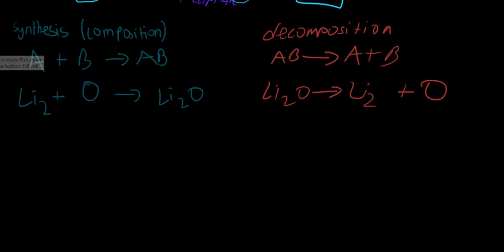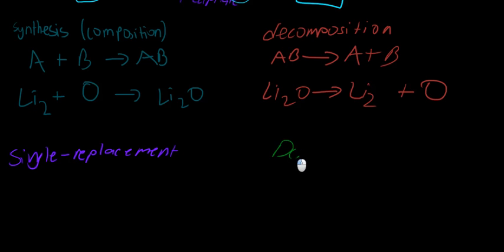The next type of reaction is called a single replacement. And at the same time, I'm also going to put double replacement on here as well, because they're actually quite similar.